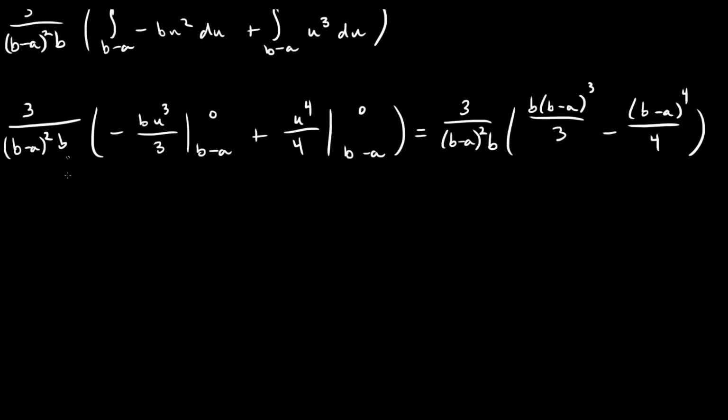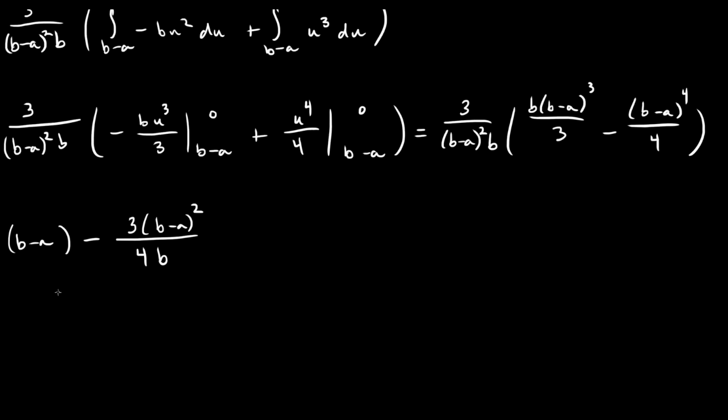And now by simplifying more, the first term will be just b minus a, and the second term will be minus 3(b minus a) squared over 4b.